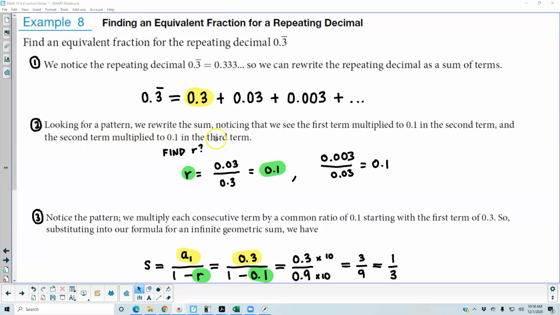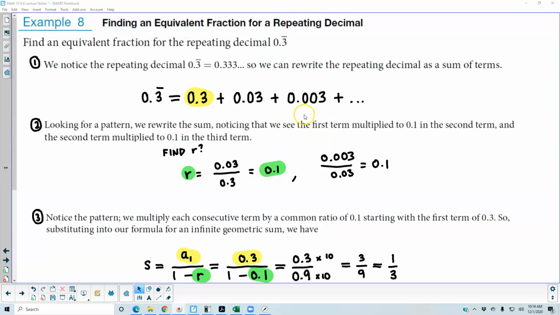So we rewrite the sum, noticing that the first term is multiplied by 0.1 to get the second term, and the second term is multiplied by 0.1 to get the third term. So what we're doing is finding the common ratio r. We take the second term, 0.03, and divide it by the first term, 0.3, which gives us 0.1.